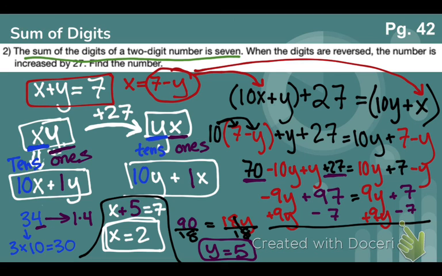It's 27. Oh, golly. Our x is 2, and our y is 5. Oh, 25. Sorry, I did it wrong. And what's our second number when we reverse it? 52.